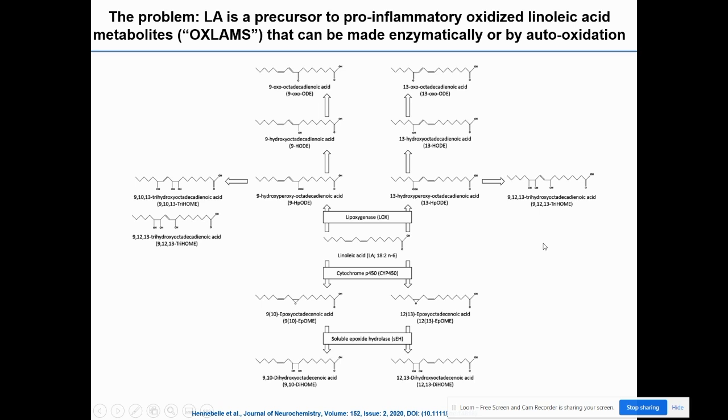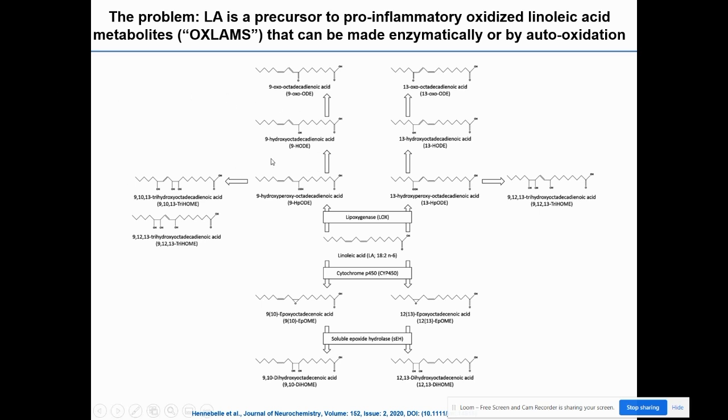And this is just a complicated diagram of the pathways. So you have linoleic acid, you have lipoxygenase or cytochrome P450 and other enzymes, simply adding an oxygen to the molecule in different locations, in different forms, to yield these OXLAMs. Oxidation really means you're adding an oxygen to the molecule.